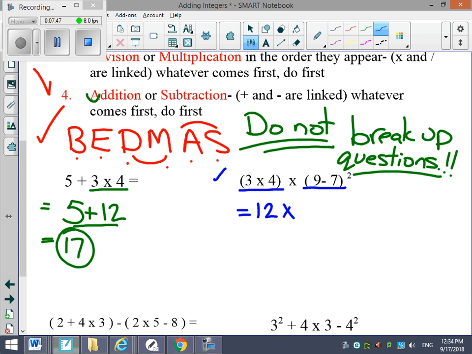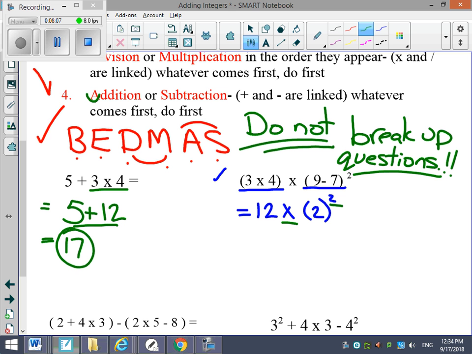9 subtract 7 is 2, but I want you to remember that there's that squared symbol outside the answer to whatever this was. So now that's going to be 2 squared. So when I go looking for my next thing to do, I actually have 2 operations that are left. I have multiplication here, and I have an exponent here.